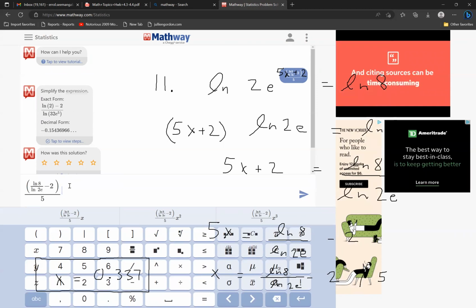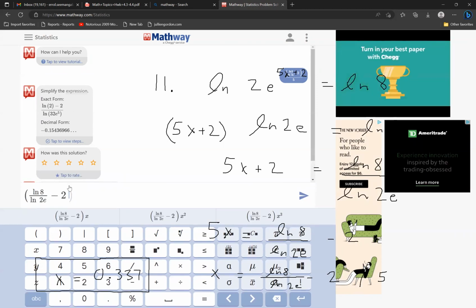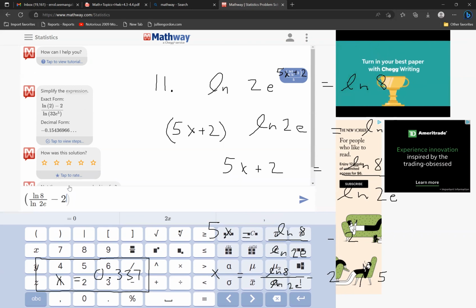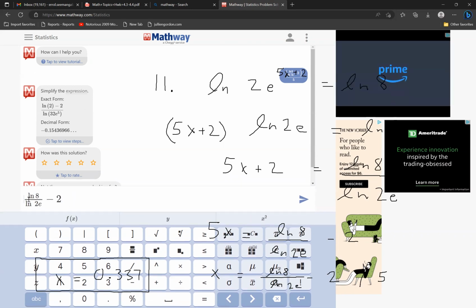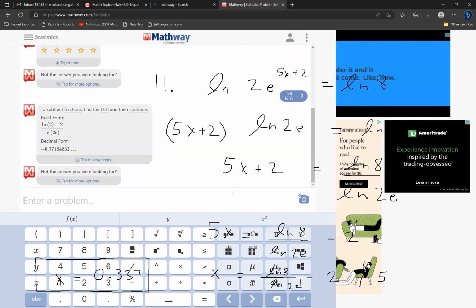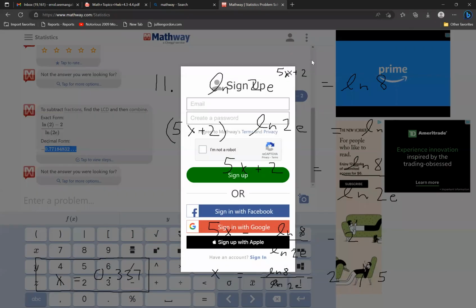I want the 2 on the outside. Okay, well, let's just see what that is. Then we'll divide by 5. Take this number right here and divide by 5. What do we get?